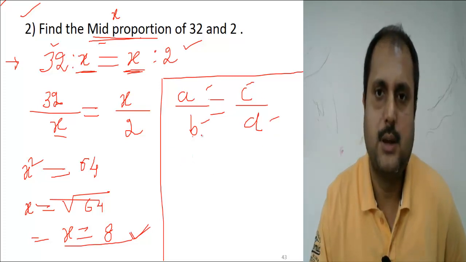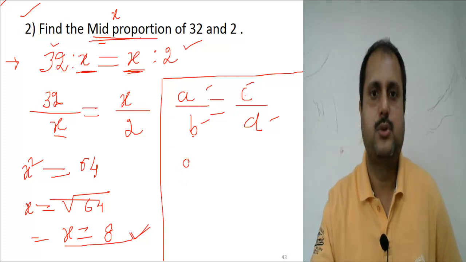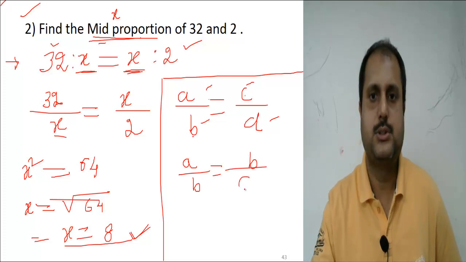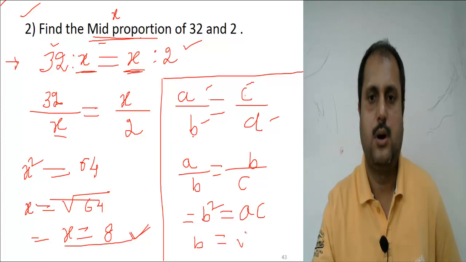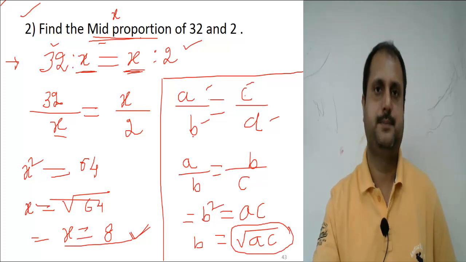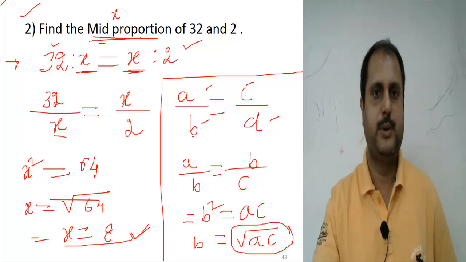Now it is asking the mid proportion, so A ratio B equal to B ratio C. Now it will become B square equal to AC. Now B equal to under root AC. So under root AC would be the mean proportion. I hope it is clear.